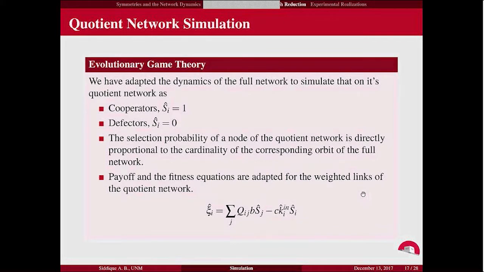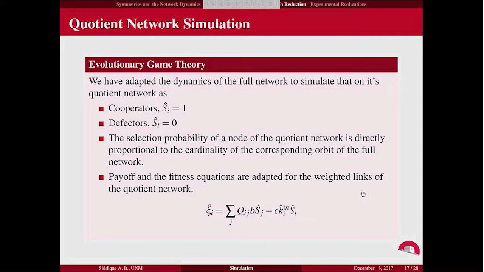And then we wanted to simulate the dynamics of evolutionary game theory on the quotient graph, and for this reason we adapted our simulation. In the full network, each time step one node was removed, but in the quotient graph, if we remove one node, it is equivalent to removing a whole cluster from the full simulation.